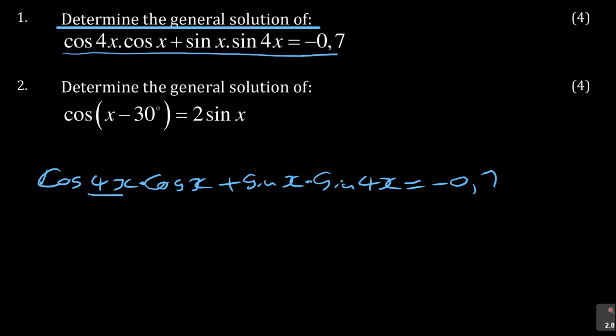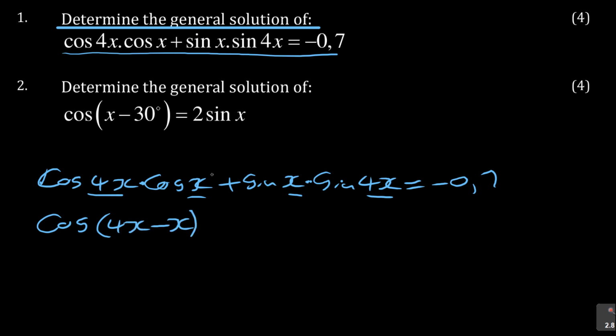Why? Look, 4x, x and x. If it's cos, you must know that it's the double angle for cos. If it's sin, it's a double angle for sine. So now what is it? Cos then becomes cos. Now if it's plus, it means it's 4x minus x.